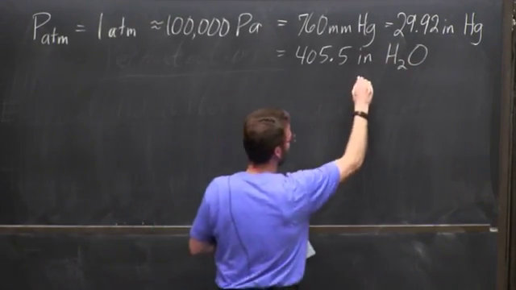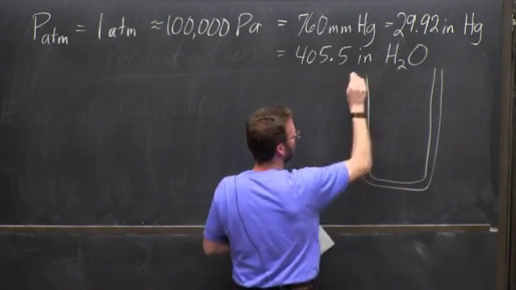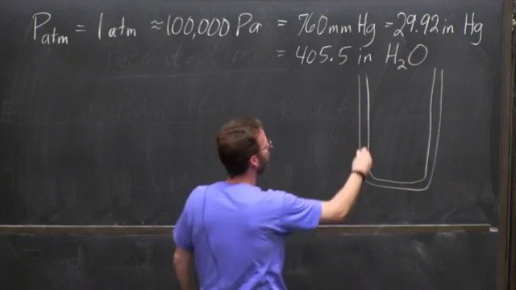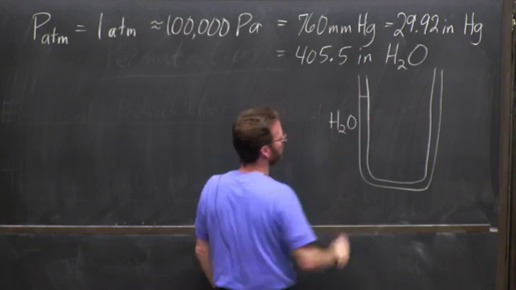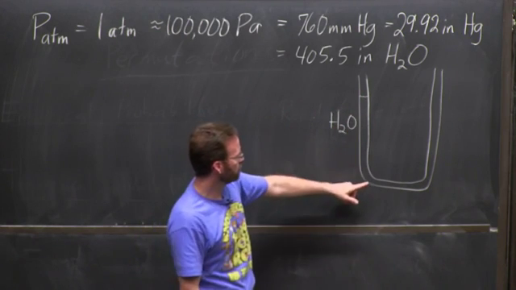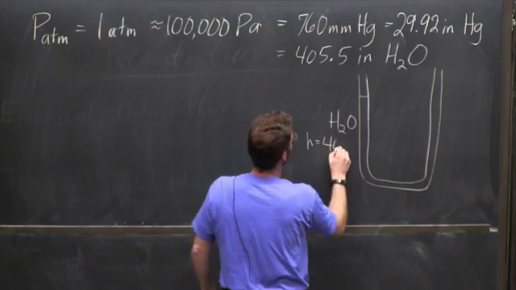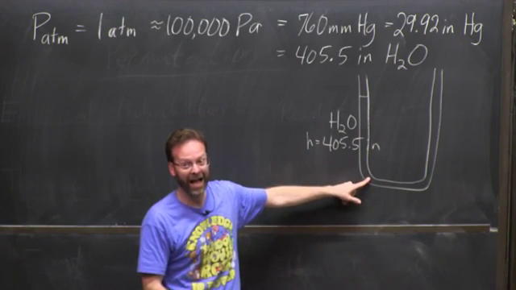So if you had a tube connected like this, and if in one side you had water, what would the pressure be down here if this height was 405.5 inches? Yeah, that pressure.